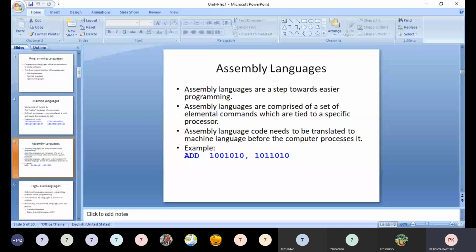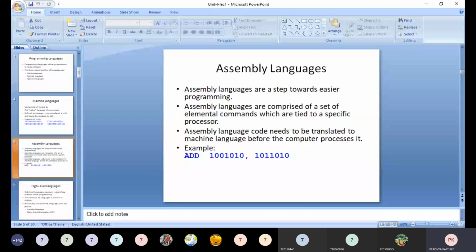So somewhat it is again difficult. Behind that architecture you have to know the different instruction sets, and accordingly we can program using those commands, and mnemonics we use for the operation purpose.